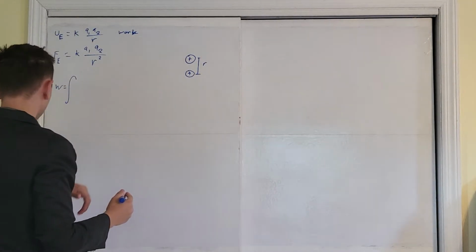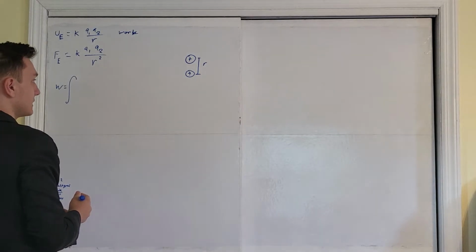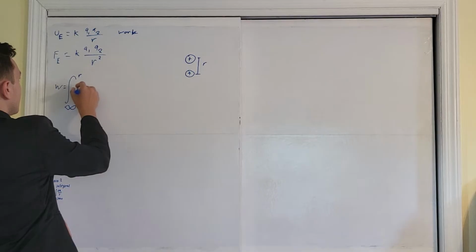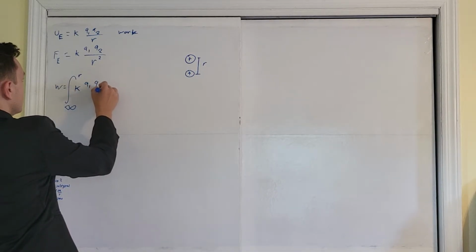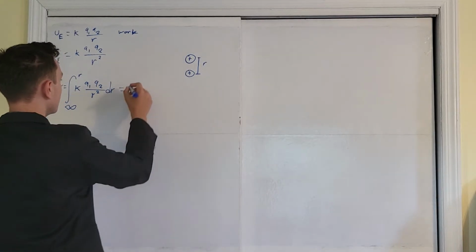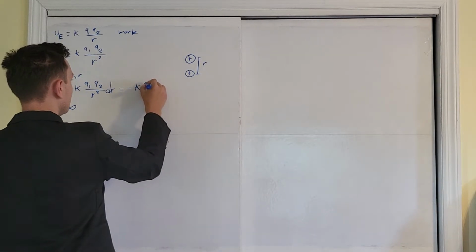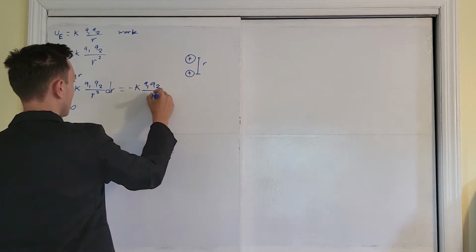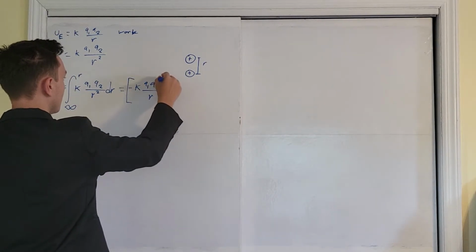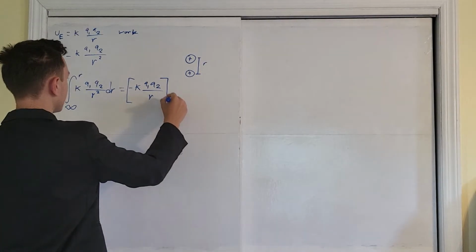So therefore, our bounds of integration from the work integral would be infinity to r of k q1 q2 over r squared dr. And that would be a negative k q1 q2 over r. That's our integral, and we're going to evaluate it at the bounds of integration.